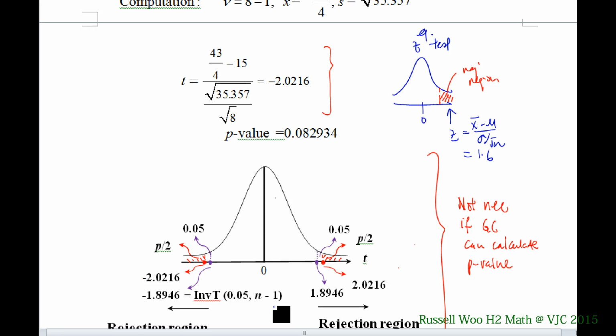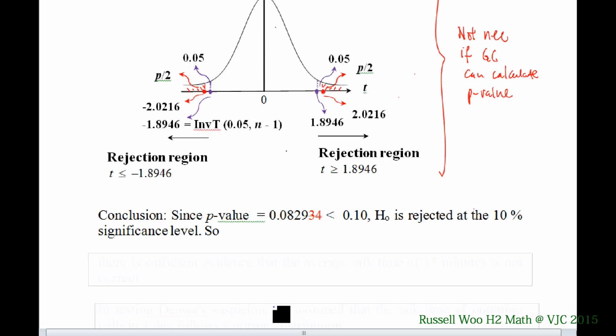But for this problem, since the GC can give us the p-value, we base our decision on the p-value, comparing the p-value against your level of significance. If it's smaller, then you say it's a rare event, a rare enough event. Therefore, H0 is not true. Therefore, this mean cannot be 50. Decision making is always the same. You compare your p-value against your decision making threshold.